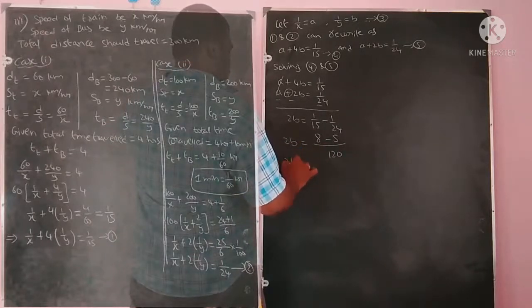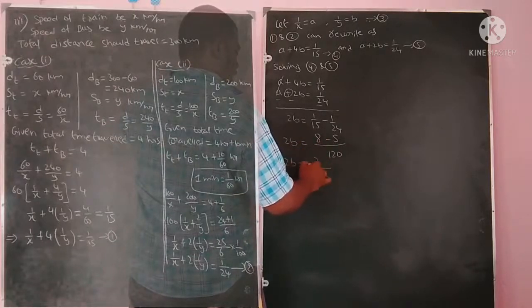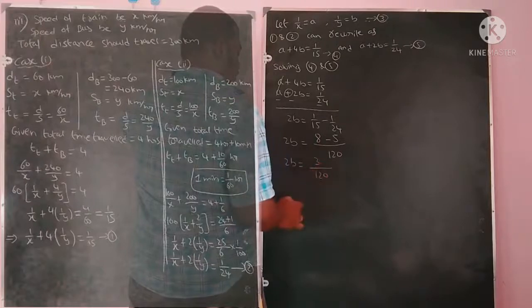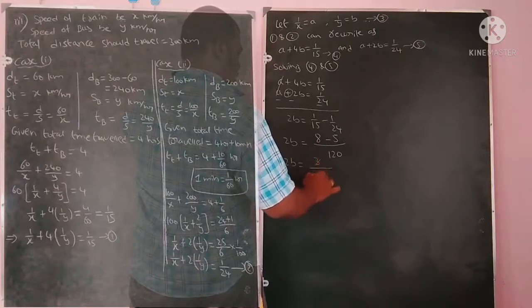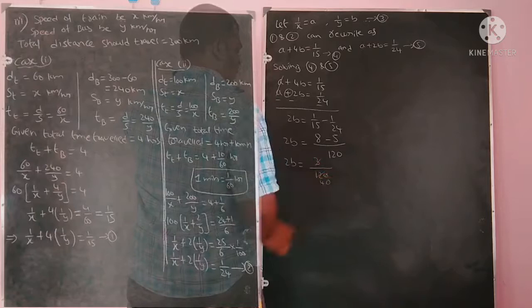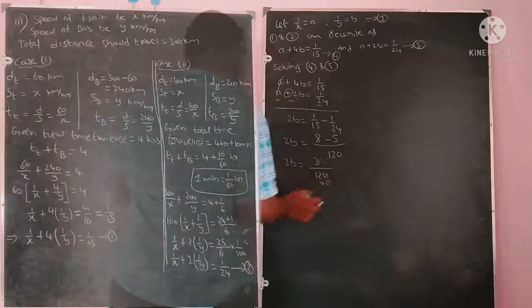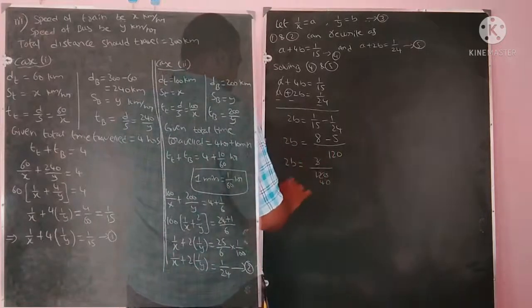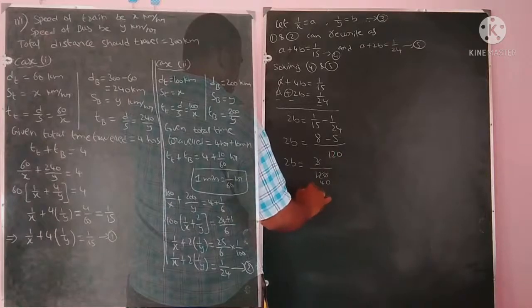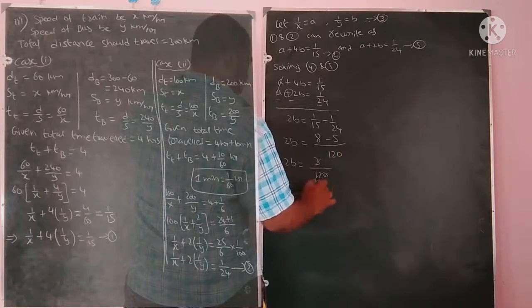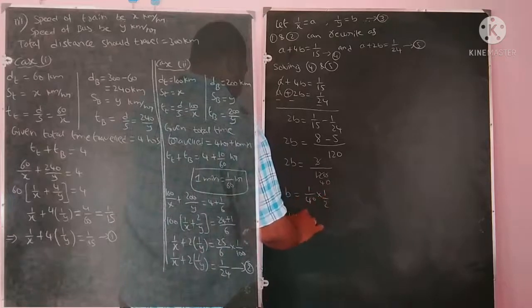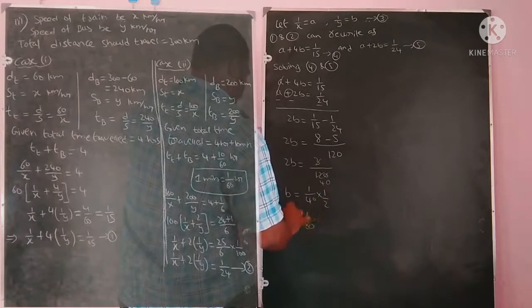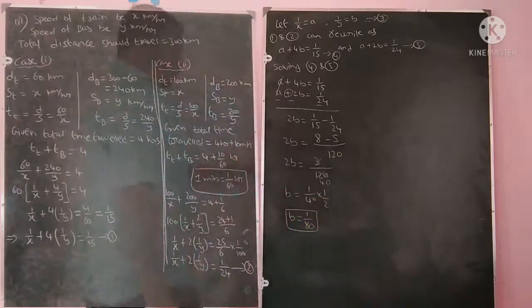So 2b is equal to 3 by 120, which is 1 by 40. Next, b is equal to 1 by 40 into 1 by 2. So b is equal to 1 by 80. So we got the b value.